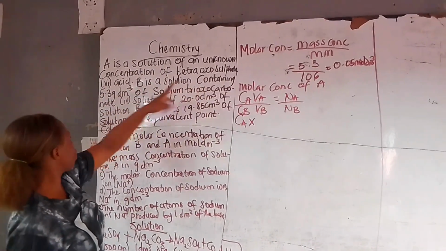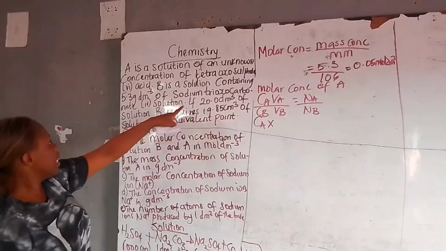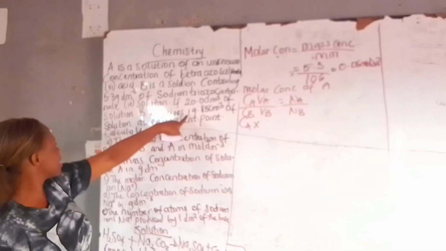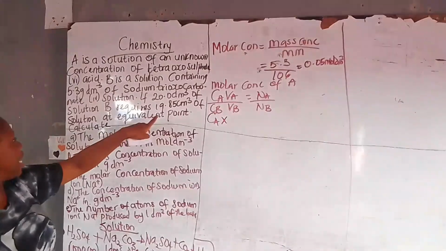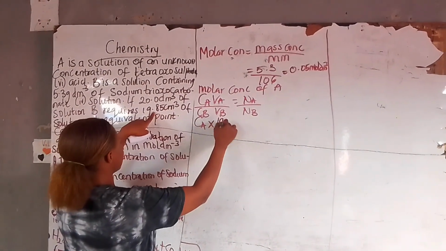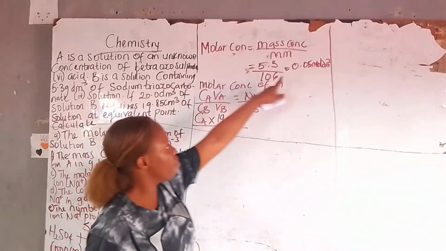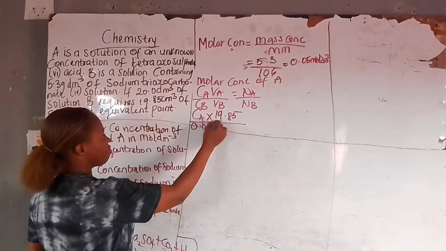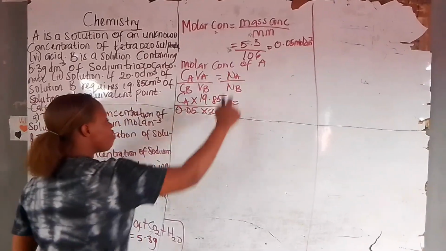B is a solution containing 5.3 grams of sodium trioxocarbonate. If 20.0 cm cube of solution B requires 19.85 cm cube of solution A at the equivalence point. So the volume of acid is 19.85, over concentration of the base, which we already got as 0.05, times volume of the base, 20.0.